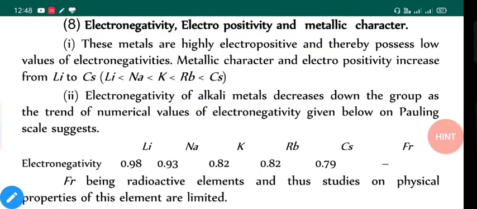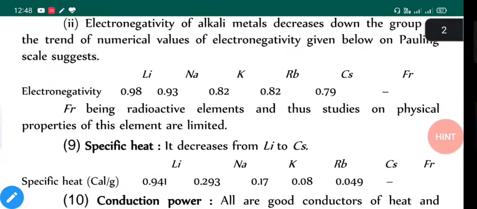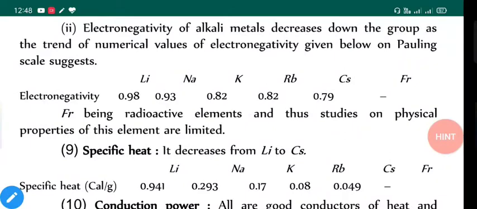Metallic character and electropositivity increase from lithium to cesium. So electronegativity of alkali metals decreases down the group, as the trend of numerical values of electronegativity on the Pauling scale suggests. Here is the list of the alkali metals and their electronegativity values.